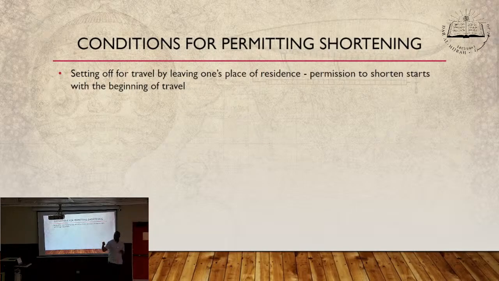It becomes either permissible, like we talked about, whether it's 50 miles or 75 miles, or it can be obligatory. Okay? What are the conditions permitting me to shorten the prayer? The first is setting off for travel by leaving one's place of residence.